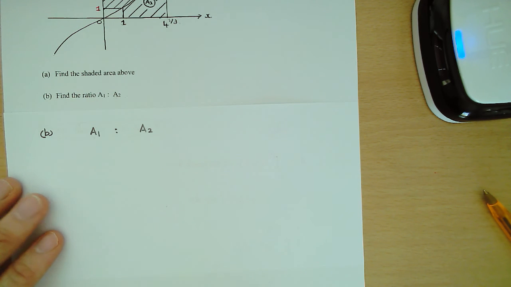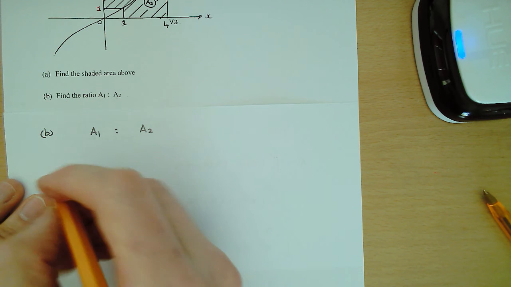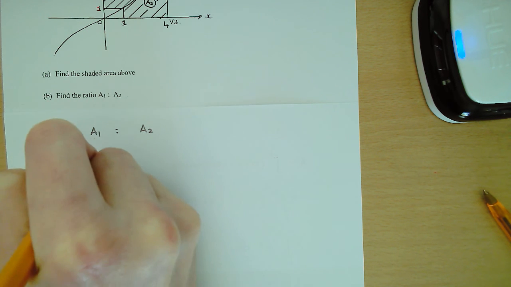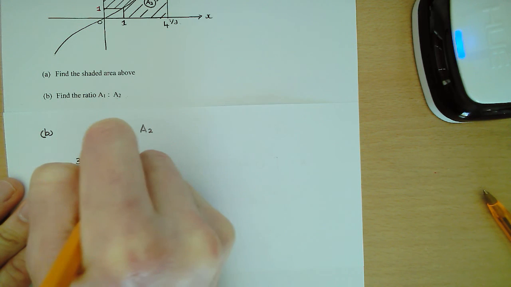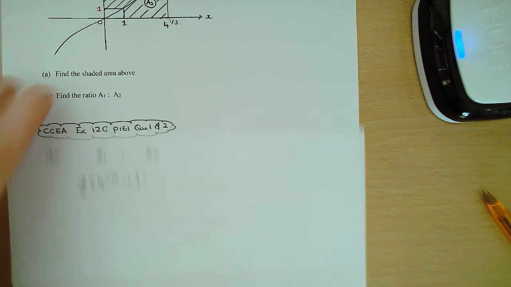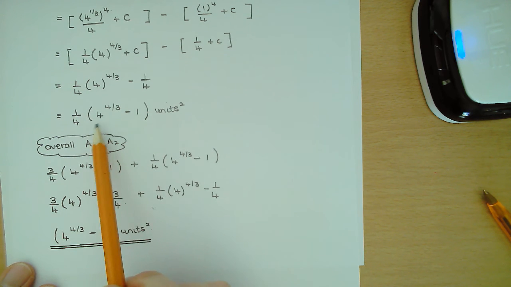So A1, if we cast our minds back, was 3/4 upon 4 to the power of 4/3 minus 1. And then A2, which we just worked out recently, was 1/4 upon 4 to the power of 4/3 minus 1.